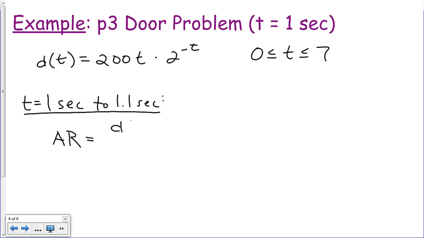That's going to be D evaluated at 1.1 minus D at 1 divided by the change in time. D at 1.1 minus D at 1 divided by 1.1 minus 1. That should give us a calculation of how fast the door is moving on that 0.1 second interval, from 1 second to 1.1 seconds. I'm going to do this because we're going to actually have to repeat this process a couple of times.